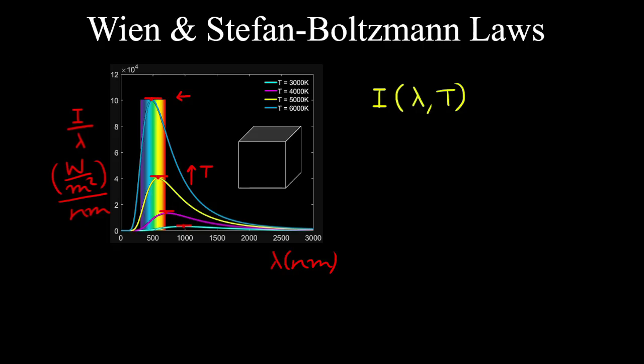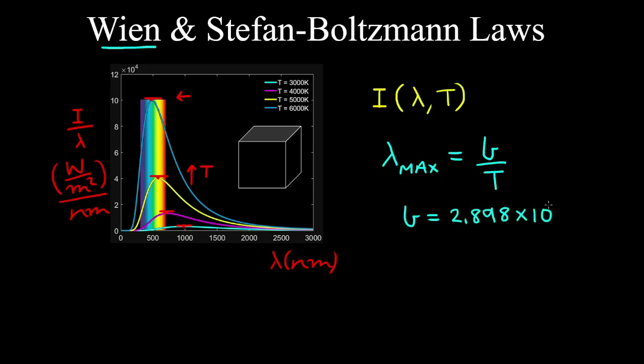So if you do that, you'll come up with Wien's law, which gives the maximum wavelength of light, which is a wavelength at which the black body emits the greatest amount of radiation per unit wavelength. So this will be equal to a constant on the temperature. And this constant is equal to 2.898 by 10 to the minus 3 meter Kelvin.